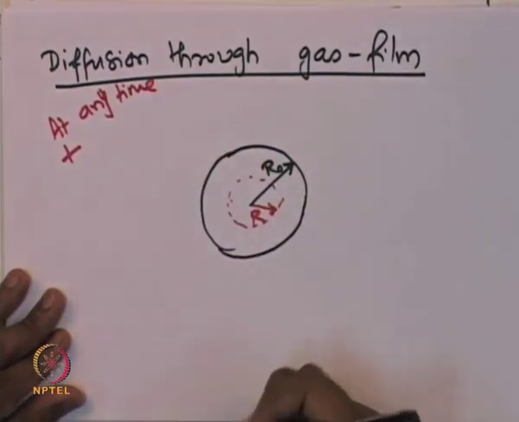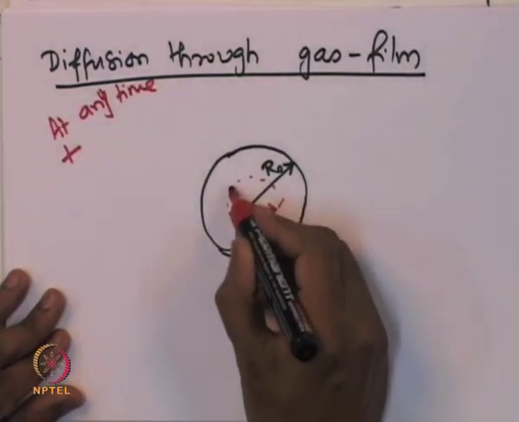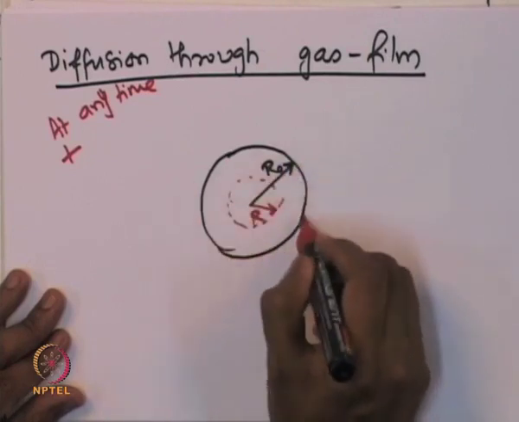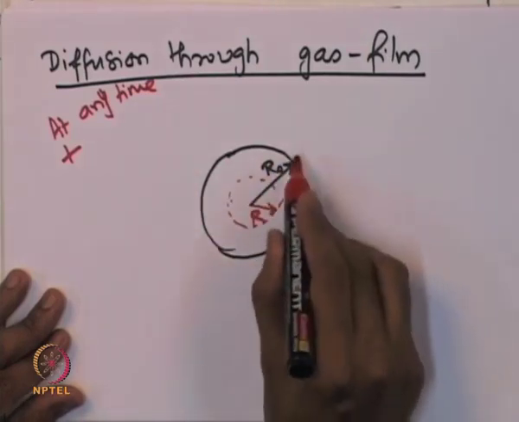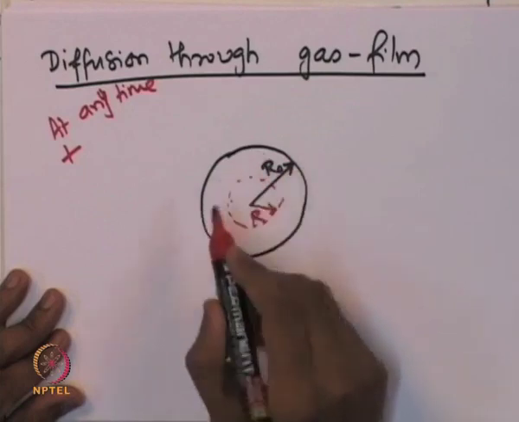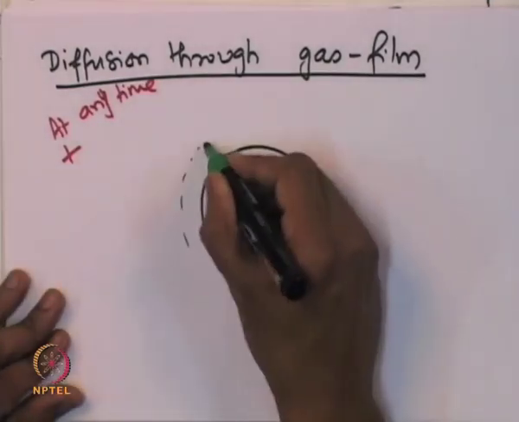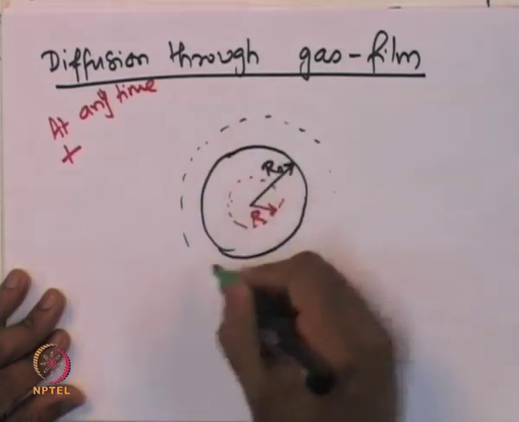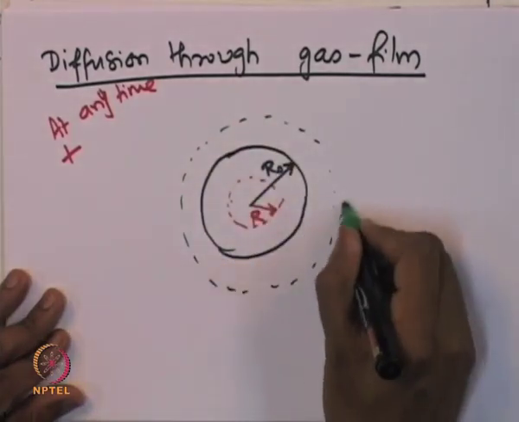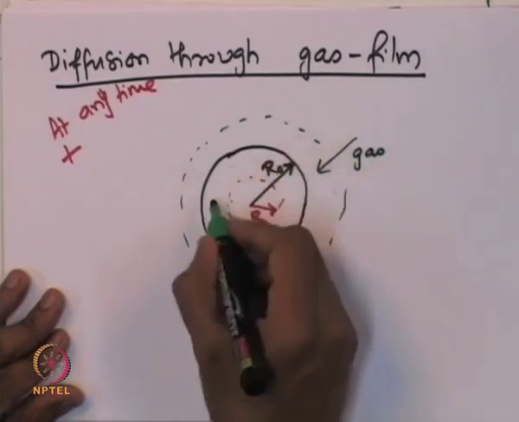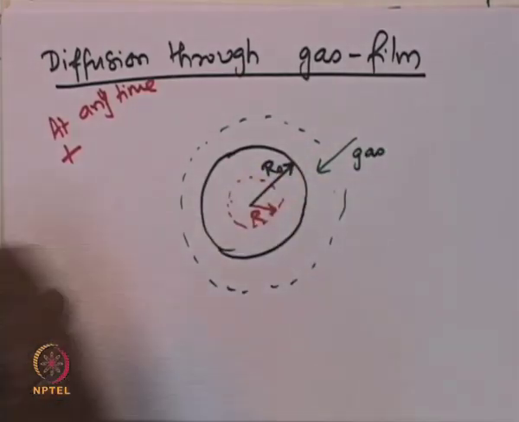The radius of the unreacted core is now r, and the original radius of the particle in which the reaction was initiated is r naught, and let us assume that there is a gas phase present around it. So, this is the gas phase and this is the unreacted core.